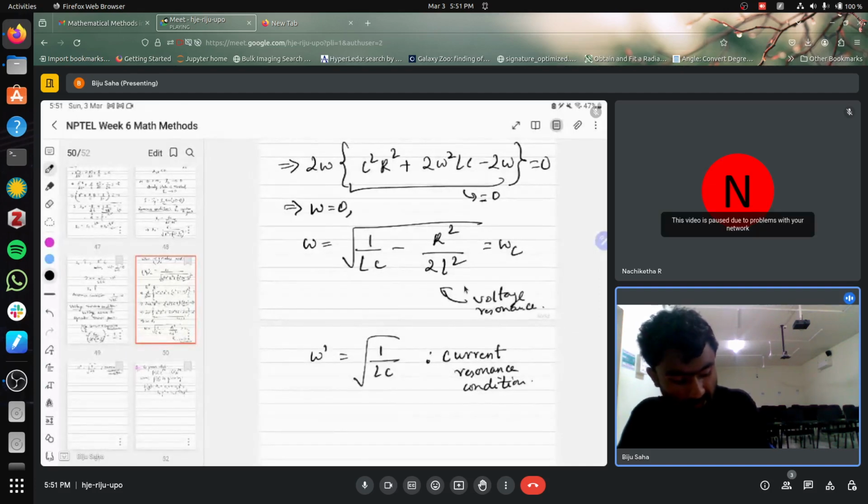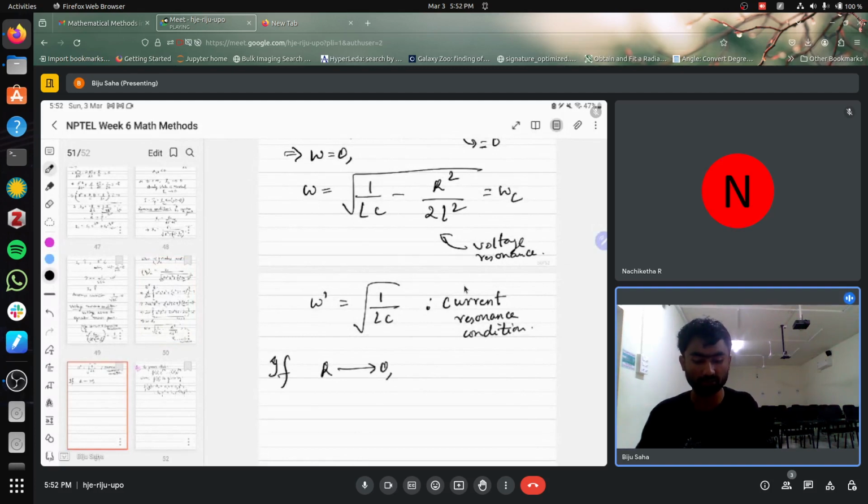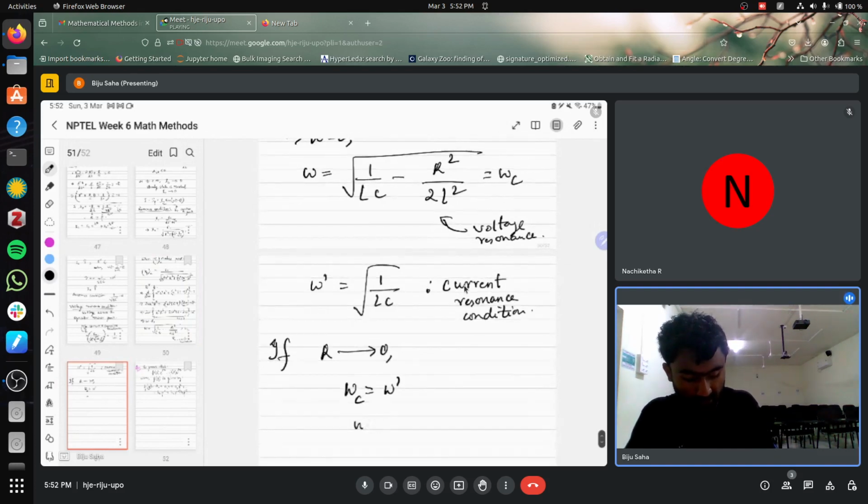We see that if the resistor is not present at all, that is R equal to 0, these two become equal. Otherwise omega C is always less than omega dash. So these are the two resonance conditions important in the electrical circuit.